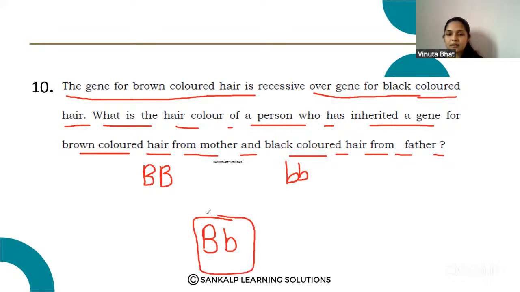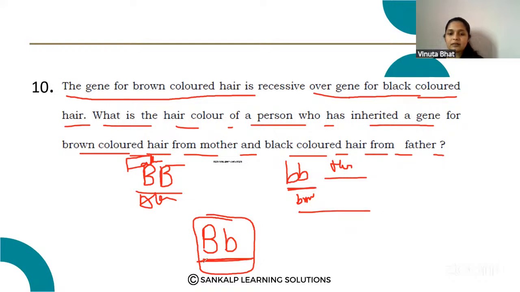What is the hair color of the baby? Just imagine the father is homozygous BB and the mother is homozygous brown color. So this is the black color and this is the brown color. Here, the child has black colored hair.